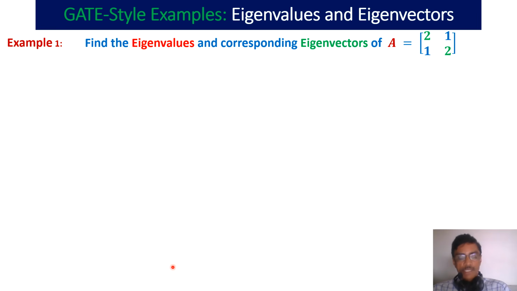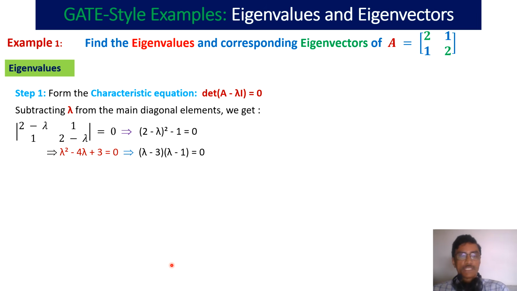Now let us find the eigenvalues of the given matrix A = [2 1; 1 2]. To find the eigenvalues, we form the characteristic equation first, which is nothing but the determinant of A minus lambda I equals 0.